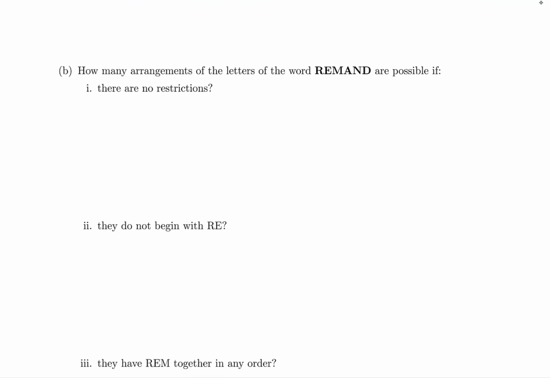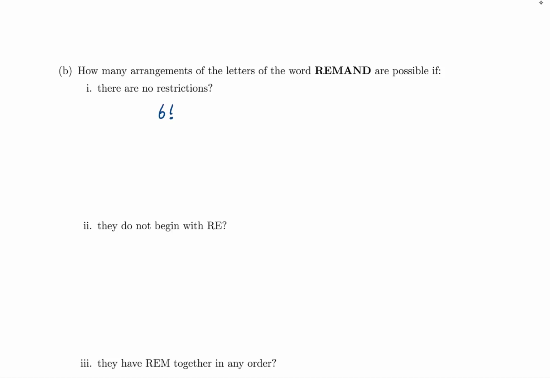Next, how many arrangements of the letters of the word REMAND are possible if there are no restrictions? Okay, if there are no restrictions, you see we have one of each letter, right? Therefore, what is the number of ways? We can say factorial 6, right?